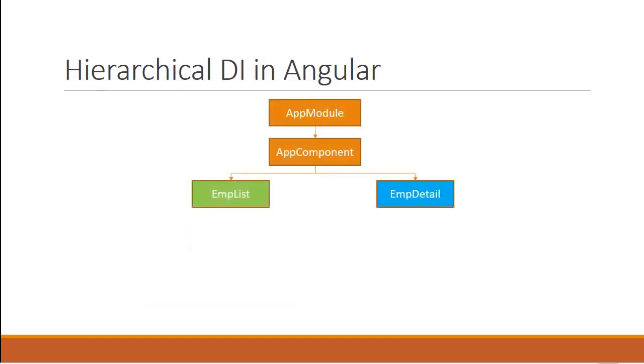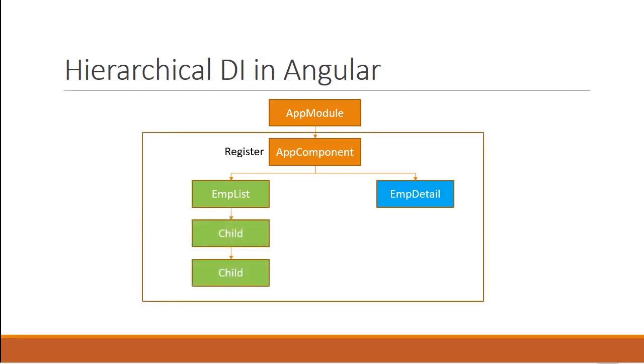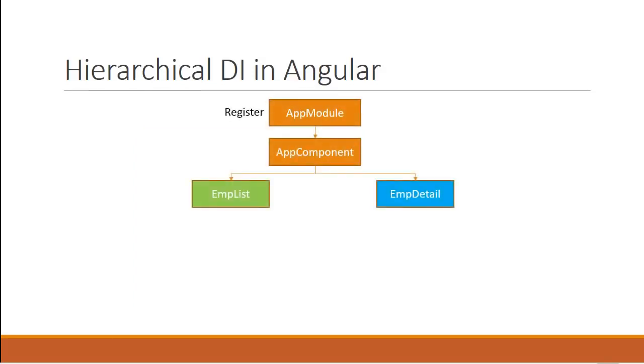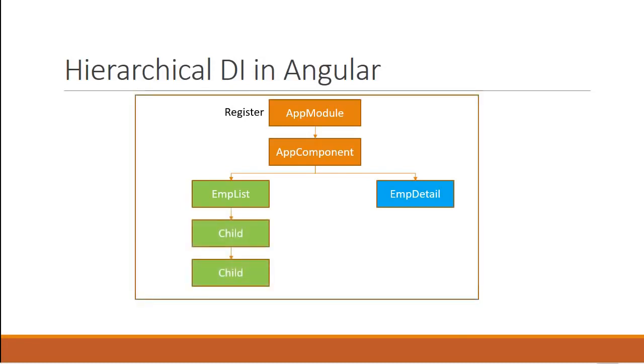Now, if you register with the app component, all its children can make use of the service. This works fine, but each module is usually a feature area in your application and might grow. So it is better if you register the service at the module level. By doing so, components under the app module can use it.